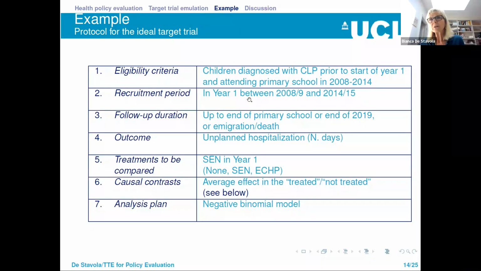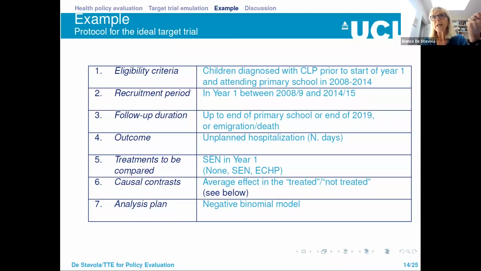I will recruit them between the academic year 2008-9 and 2014-15. So I'm just considering a period of time where they're in primary school and early enough to allow me to follow them up until they reach the end of primary school, which would be 5 years later.